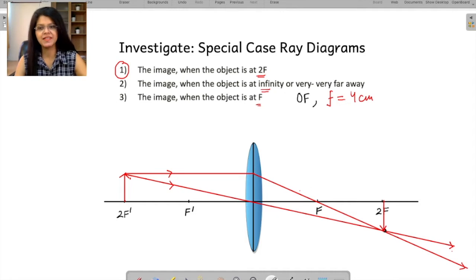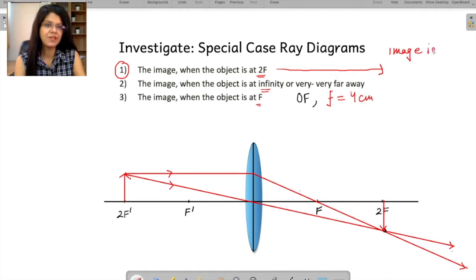Right? So let us write down some of the properties that we have identified. When the object is at 2F, what happens to the image? Let us write it down. Image is also at 2f.